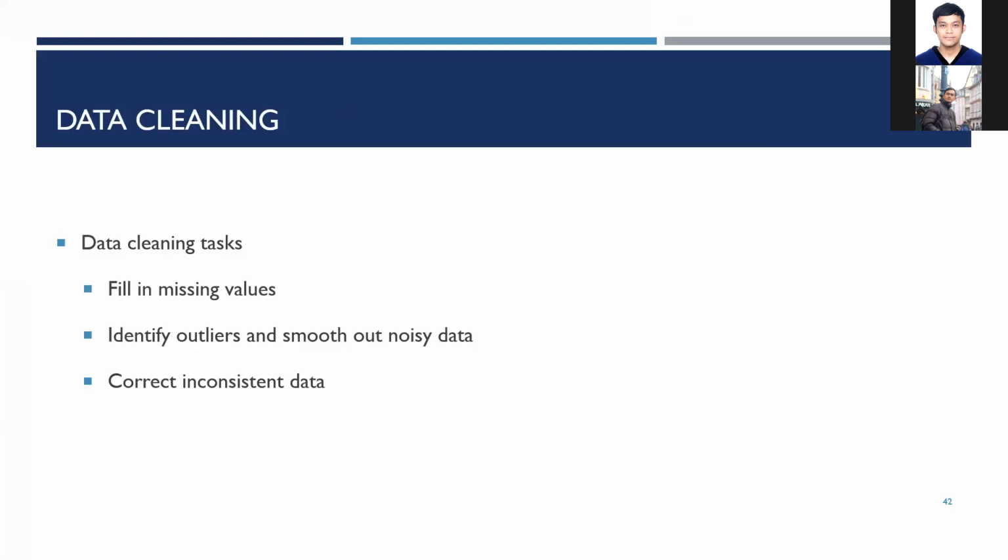In data cleaning, at least we have to make sure there is no missing value, because of course missing values can give us problems. We also can do outlier identification, or we can delete the noise in the data. And of course, we also have to correct the inconsistent data.